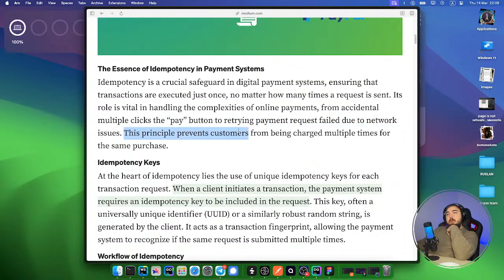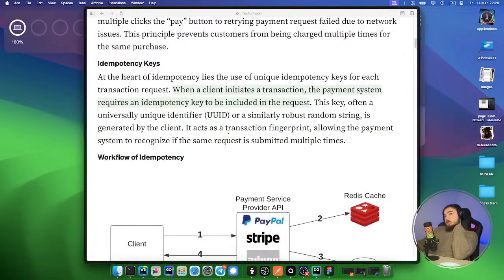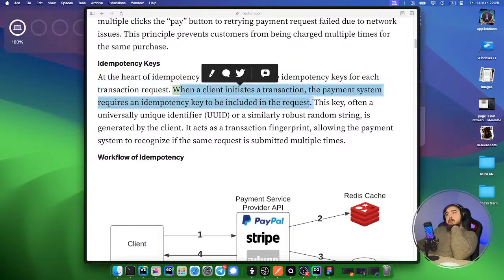This principle prevents customers from being charged multiple times for the same purchase." Okay, it's cool. "At the heart of idempotency lies the use of unique idempotency keys for each transaction request. When a client initiates a transaction, the payment system requires an idempotency key to be included in the request."